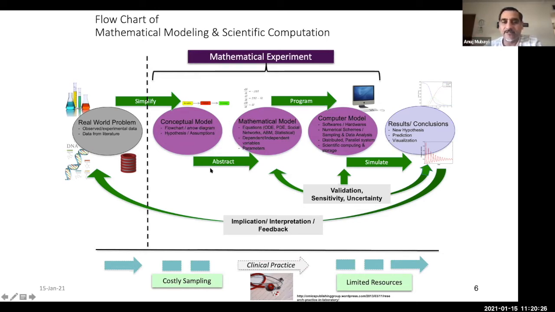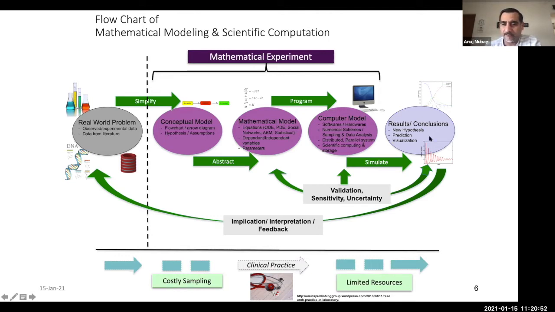And then once you have a conceptual flow chart diagram, which indicates the key ingredients that are responsible, then you write down a mathematical equation depicting it and the transitions in these categories that you have. And then from a mathematical model, you work on computer models and finally results.